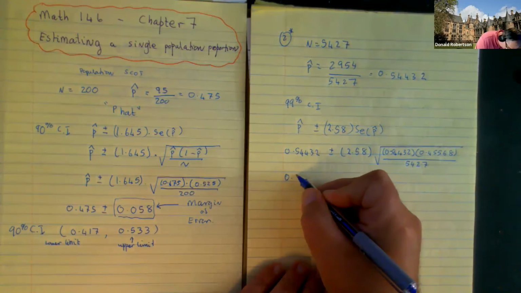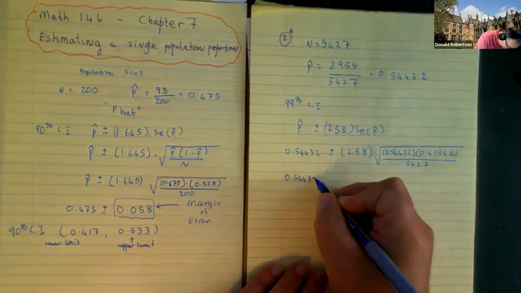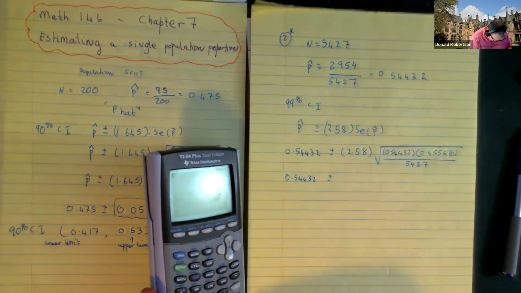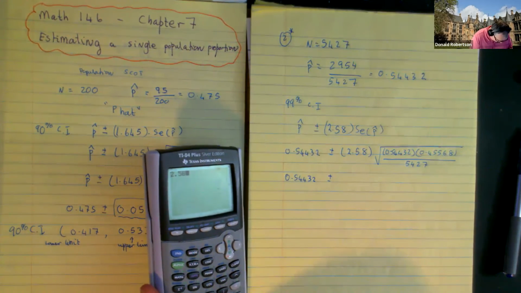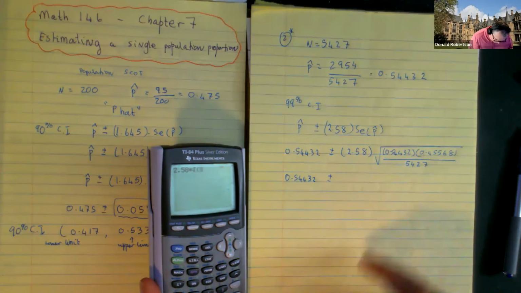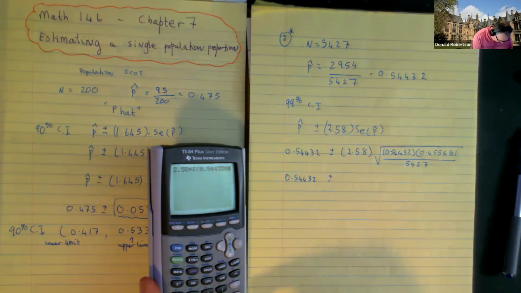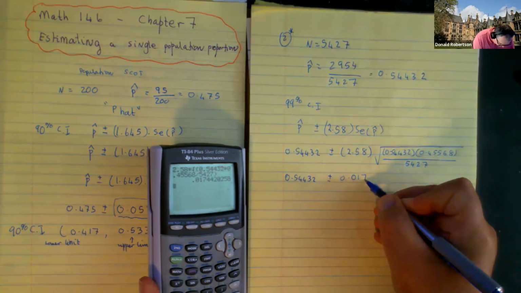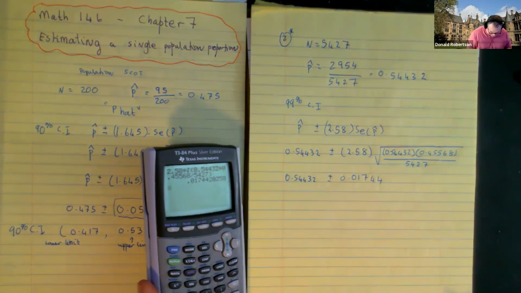So it's now going to be 0.54432 plus or minus whatever the calculator tells me that is. So here we go. 2.58 times a really long decimal calculation, 0.54432 times 0.45568 divided by 5427 and 0.01744.